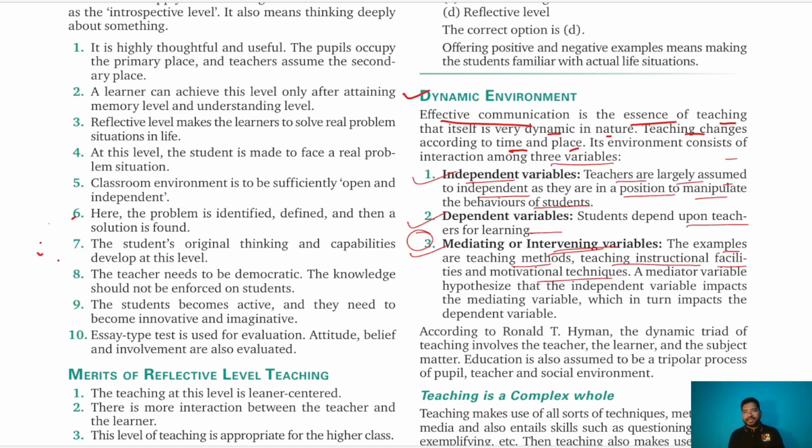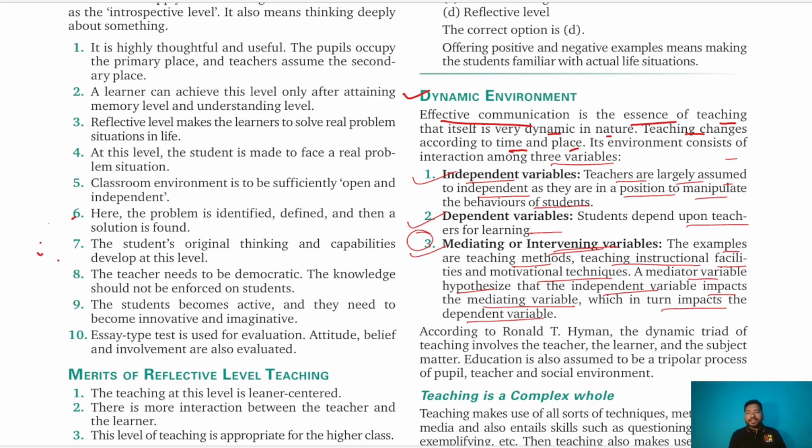The independent variable impacts the mediating variable, which in turn impacts the dependent variable. If the independent variable and the mediating variable, such as motivational technique, are combined, they in turn impact the dependent variable, or the student.